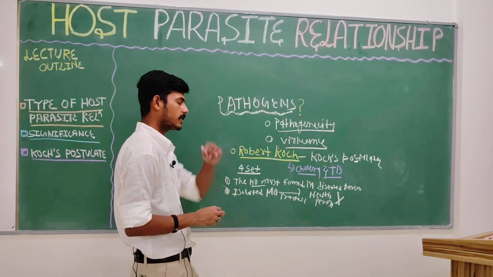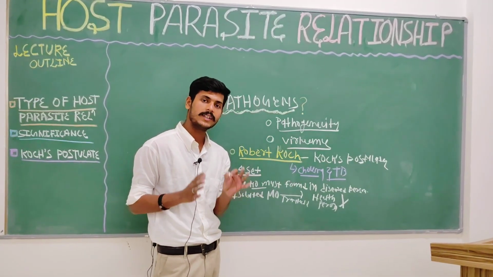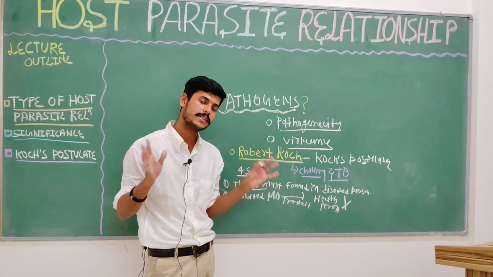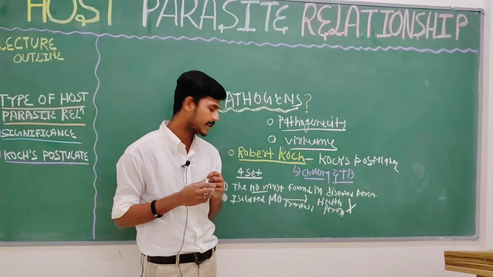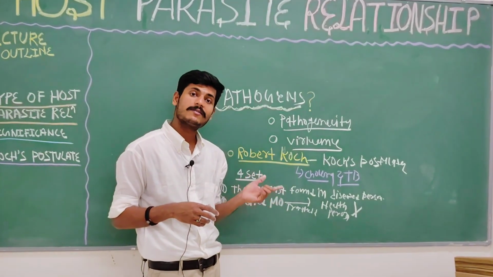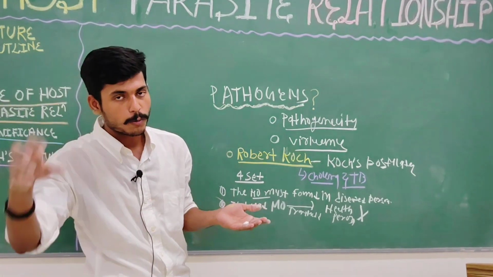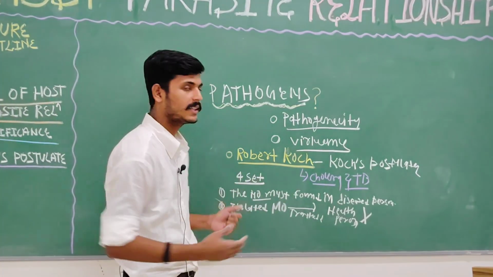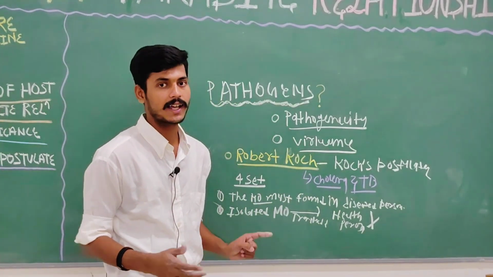The first postulate said that the microorganism must be found in the unhealthy person and not present in the healthy person. The second postulate said that the microorganism involved in the disease process, once we isolate and inoculate it into a healthy person, must cause the disease in the healthy person.